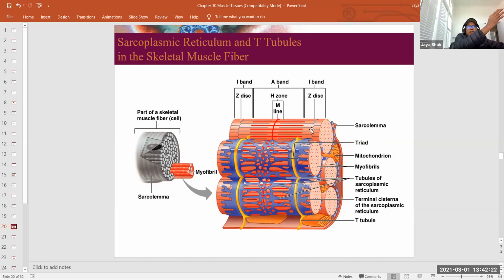Myofibrils are sections of actin and myosin, and each section of actin and myosin unit is called a sarcomere. So from this Z disc to this Z disc, this area is called a sarcomere. From this Z disc to another Z disc will be another sarcomere, and so on.